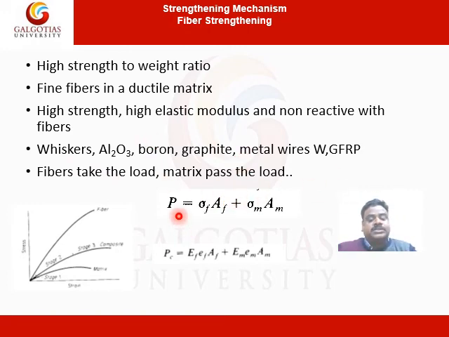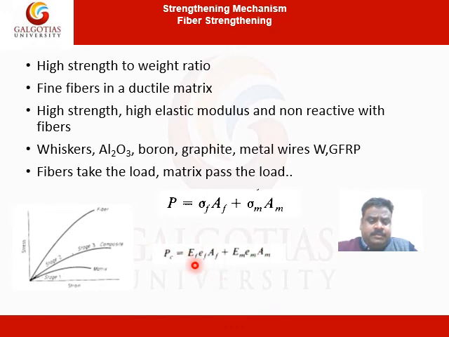The tensile force for the whole composite is calculated on the basis of the rule of mixtures, where AF and AM are equivalent to area of fiber and area of matrix respectively.